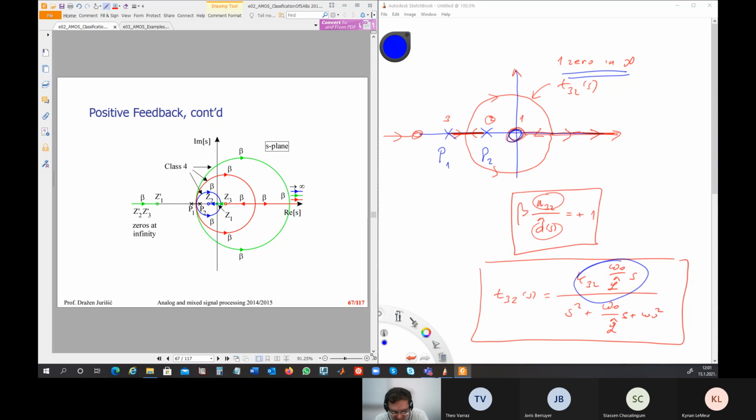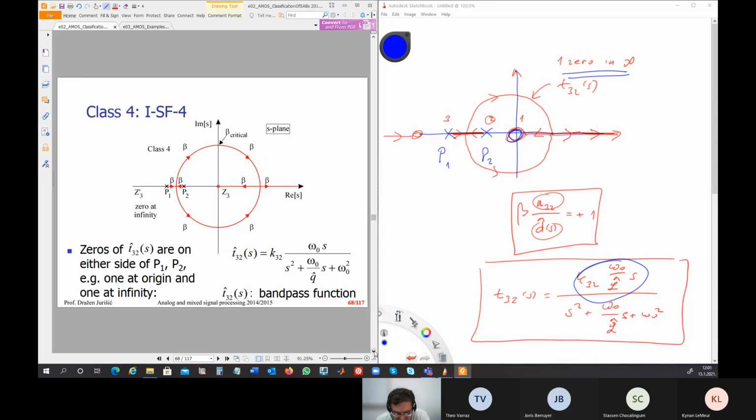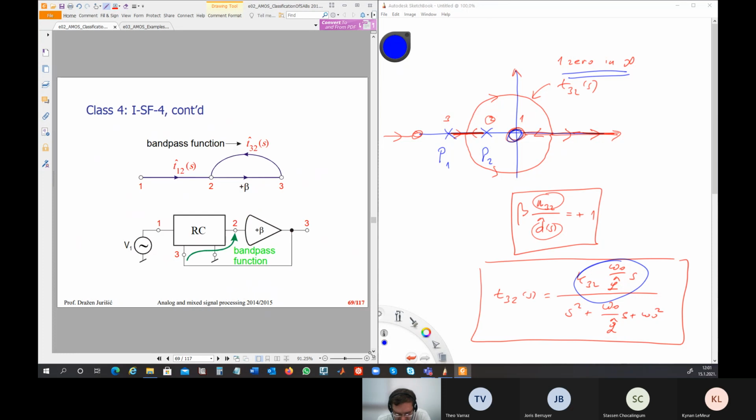We have used one which is green, the green one, and the green one has 1 zero in infinity. This is Z1, and Z1 prime can be here or in infinity. Here is how it looks like. And as you see, T32 is a bandpass function. So we concluded properly. Okay.